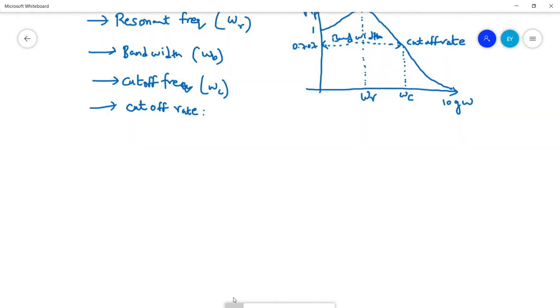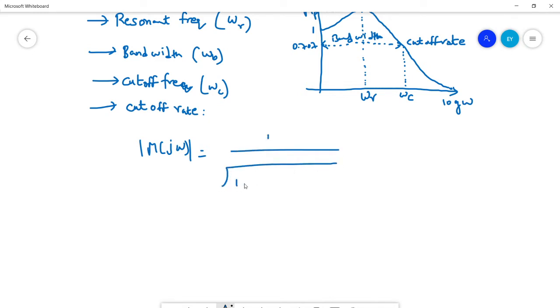For the second order system, in yesterday's class, we derived the expression for the magnitude, that is M of j omega, or G of j omega, equal to 1 by square root of (1 minus x square) whole square plus (2 zeta x) whole square, where x is omega by omega n, frequency by natural frequency.